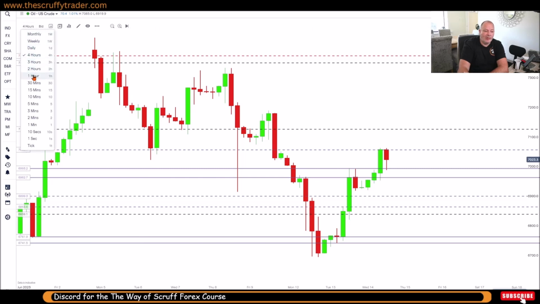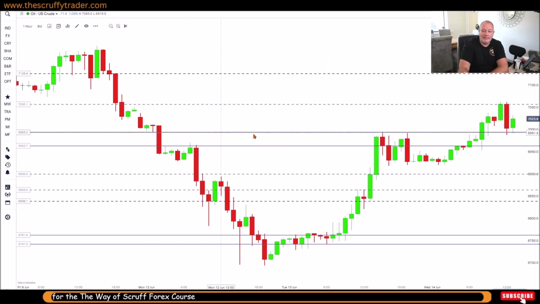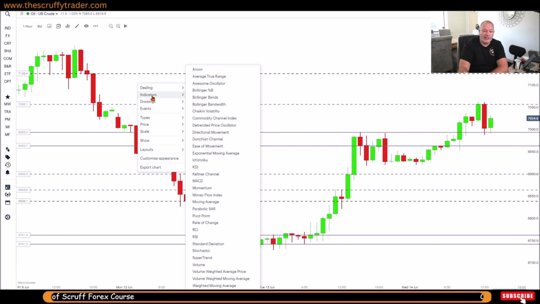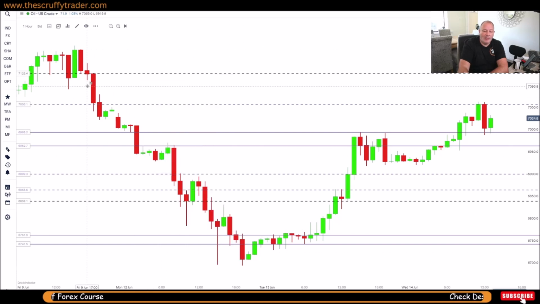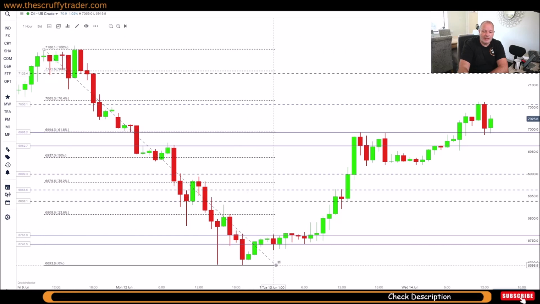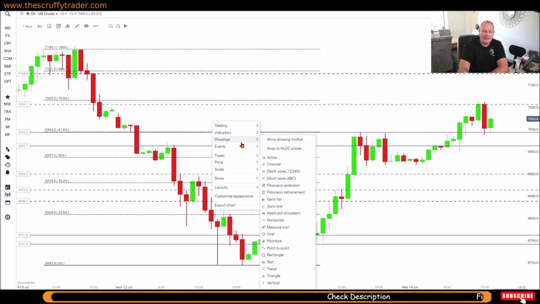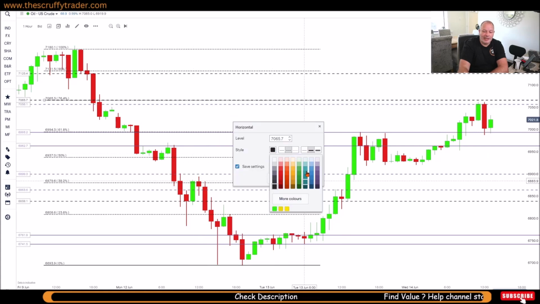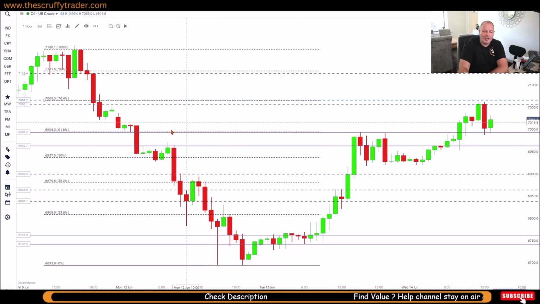So let's look at the hourly, see what's happening. Sure enough, there's a strong directional move we can add some levels to. Now, all we're doing here is world building based on key moves that we can see. Bingo. All right. I'll explain why it's bingo in just a second. Just change the colors.